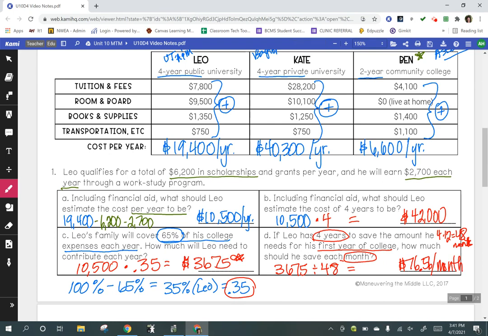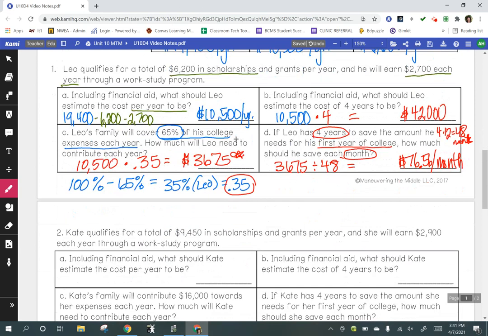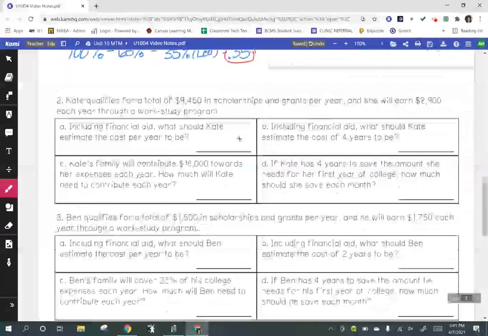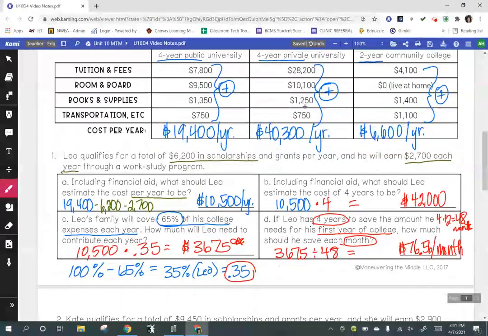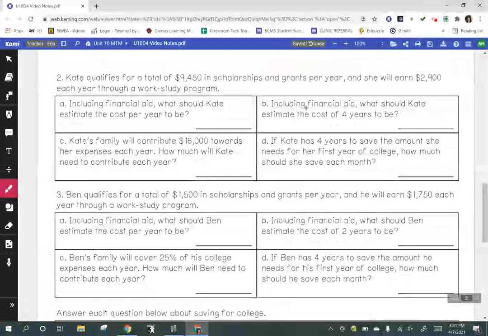Okay? If he wants to have everything he needs, but that's just for the first year. That's not for all 4 years. That's just to have him ready to go for that first year. Okay? All right. So we're going to look at Kate and see how hers changes since she is going to a private school.